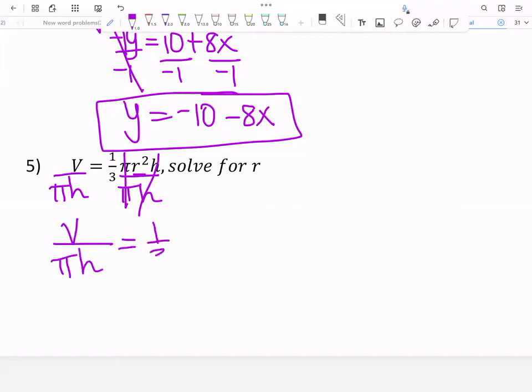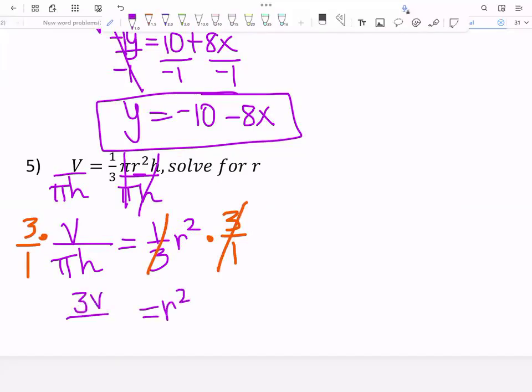We're going to do the opposite operation. So those cancel out and we're left with 1/3 r squared. And then to get rid of a fraction, we're going to use the reciprocal. So we're going to multiply by 3/1 on both sides. So we get r squared equals 3b over, you can put 1 pi h.